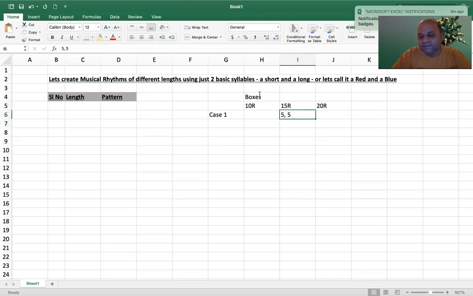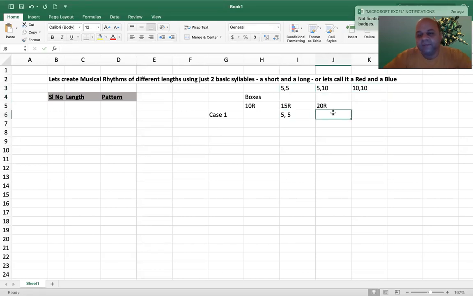Tell me yes or no. Fine. Now what are the total possibilities? 5 5 is one possibility, but the three boxes can only contain 5 5, 5 10, and 10 10. These are the only three possibilities, right? Now out of that, 5 5 is gone here.